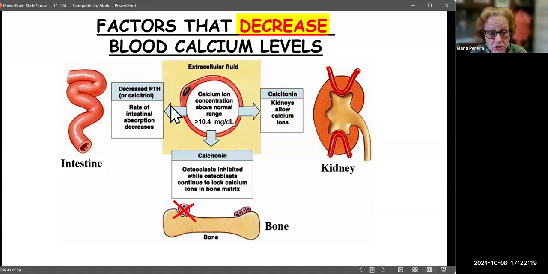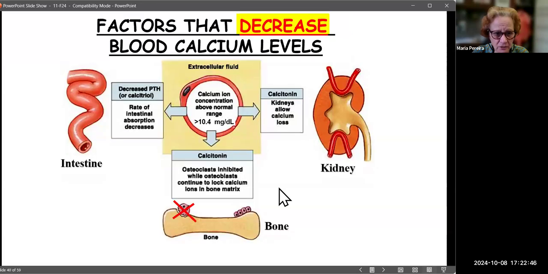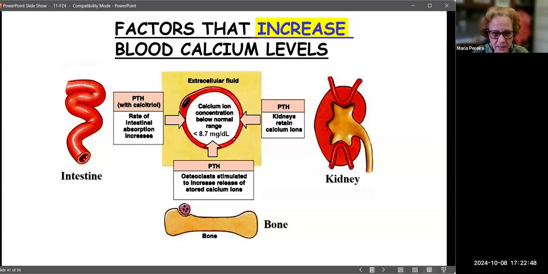Remember that this condition happens when the level of calcium is low. There are three targets of the PTH. Wait a minute, this is the wrong slide. This is the good slide, here's the PTH.